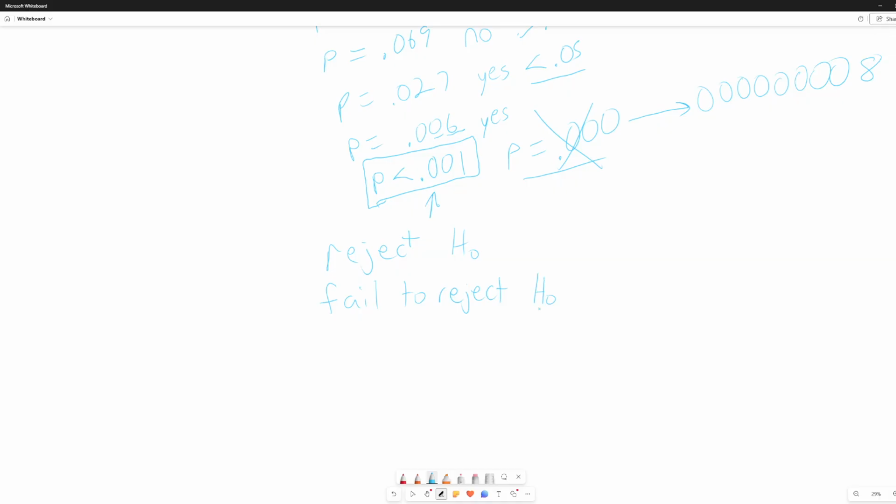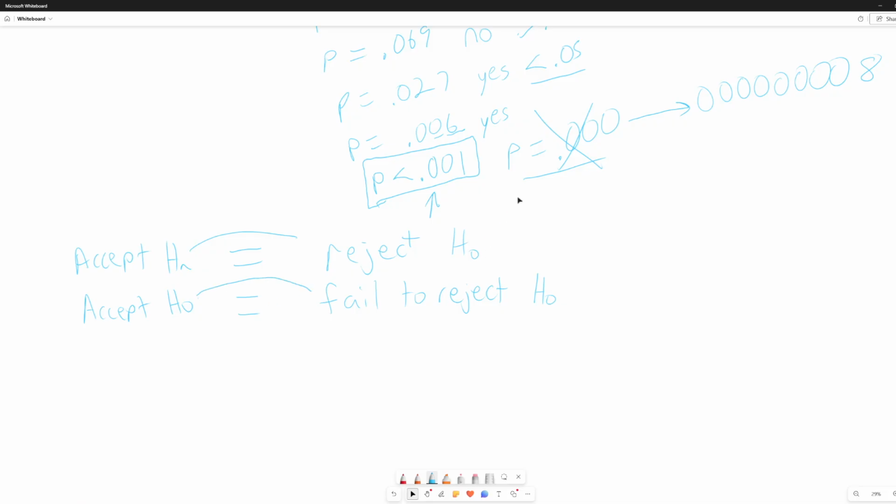Now, a lot of students would default to saying that we accept HA or we accept HO. And this is the language that a lot of students sort of adopt early on in their thinking. But these two things are not equivalent. This is not equivalent to this, and this is not equivalent to this.